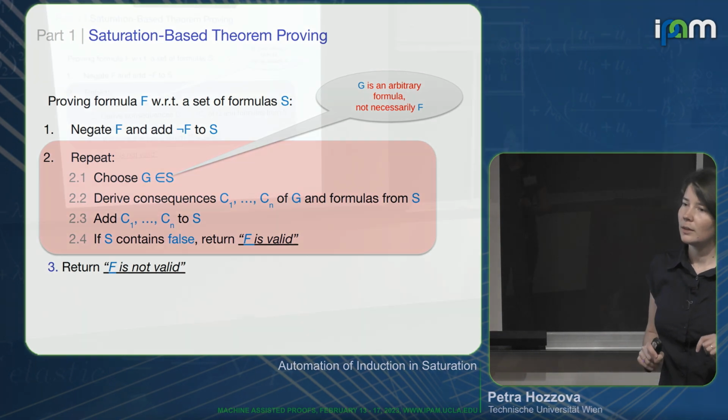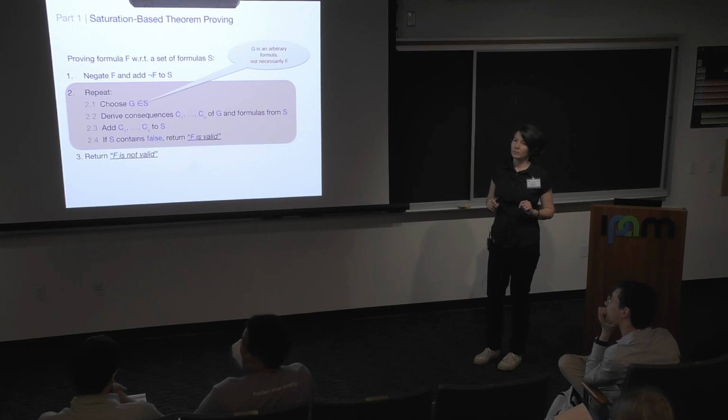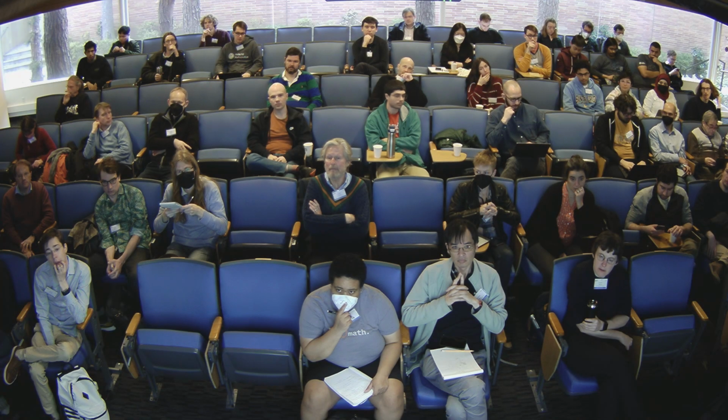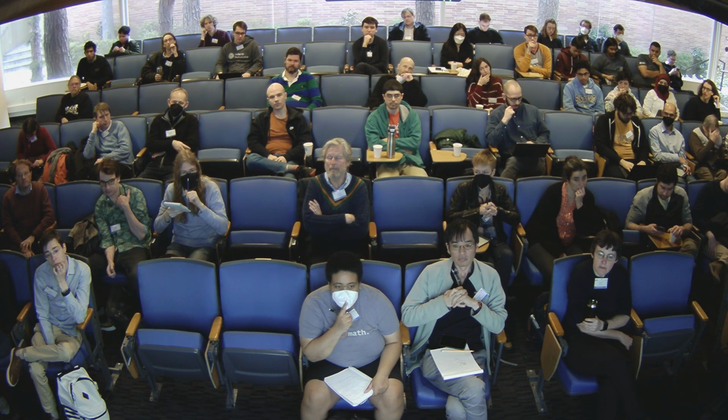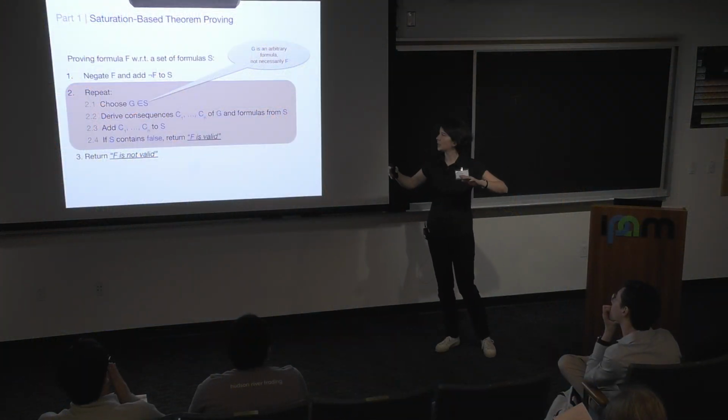A question. Are we proving that F is consistent with respect to S, or that it is a logical consequence? That it is a logical consequence. So in saturation, essentially, we don't have this goal architecture.